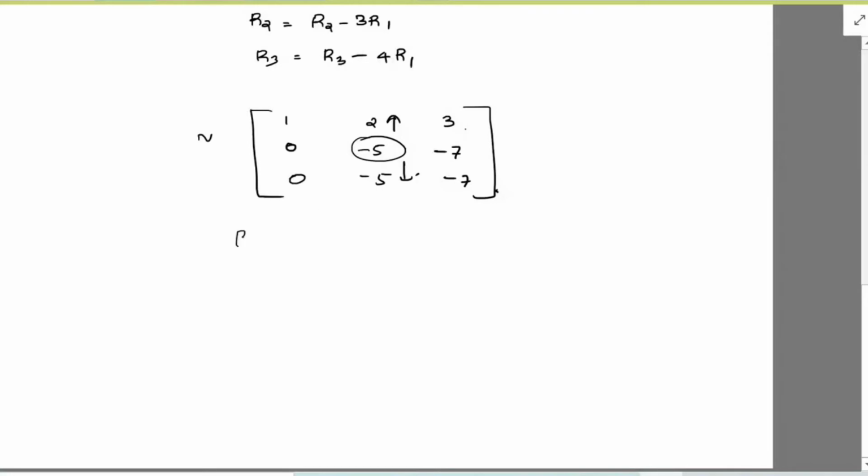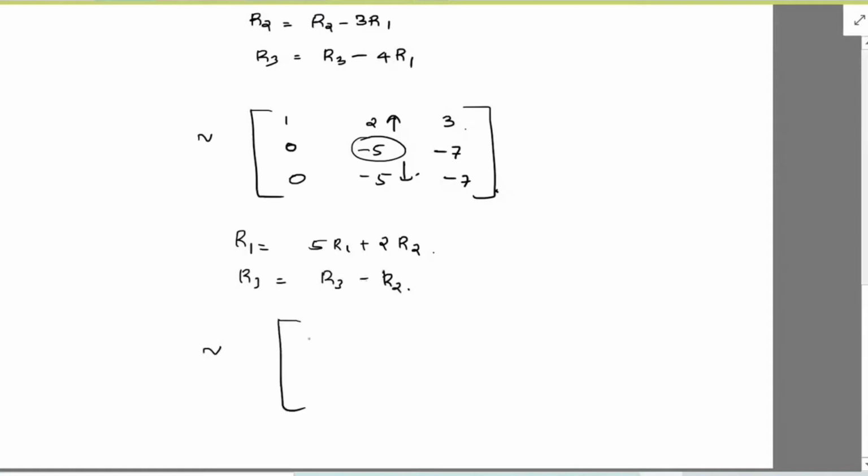So this will be R1 equal to, how can we convert that 2 into 0? Yes, that is 5R1 plus 2R2. And also we can change R3 as R3 minus R2.